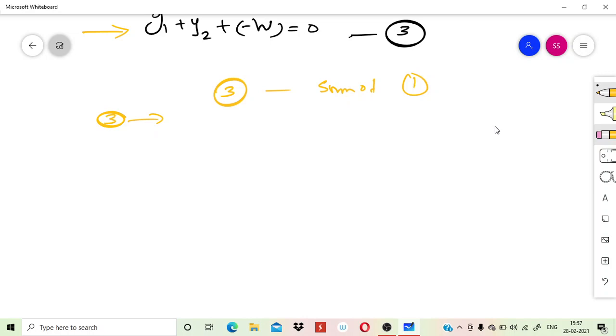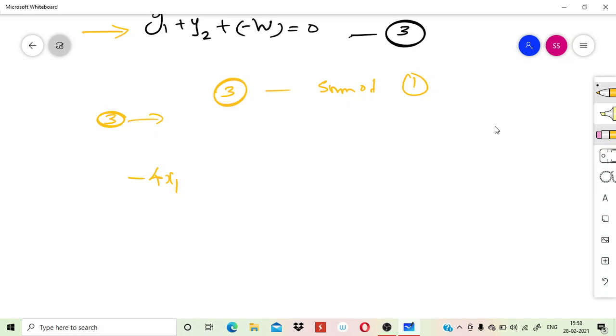So what 3 is now changed into minus 4x1. Why? Because you will get minus y1 plus y2 in the sum of the equations in 1, so y1 and y2 will cancel out and the negative will come into the picture.